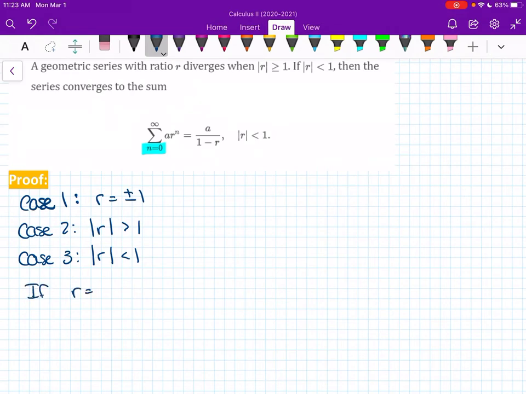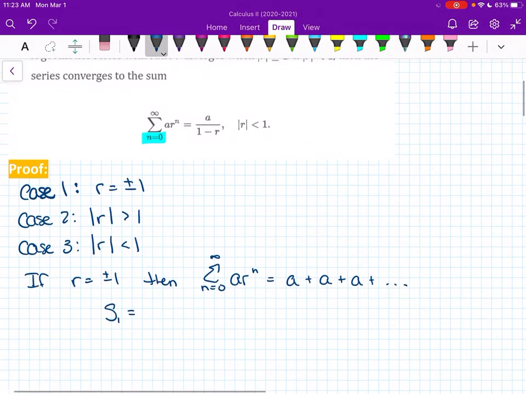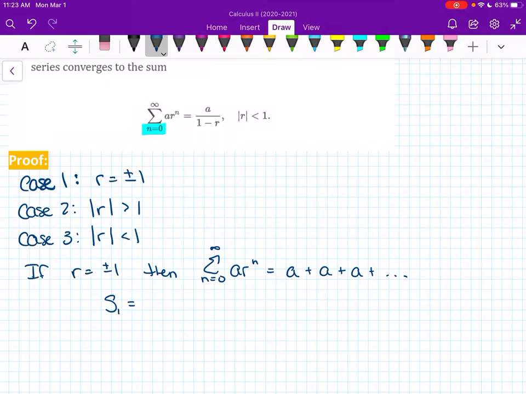So if r equals plus or minus 1, then my sum is going to just be a plus a plus a to infinity, which means that my partial sums are going to be n times a. Actually, let me check: my first partial sum is just a.